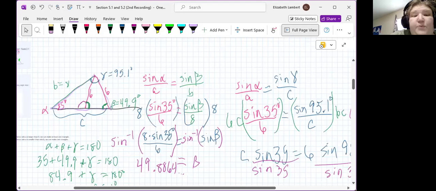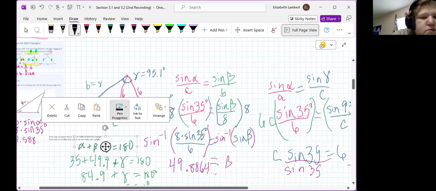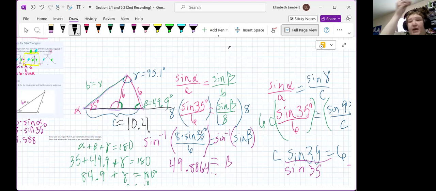So that is 10.4. All right, so if I take my 6 measure pipe and swing it towards the outside, I'd have to have a 10.4 measure pipe to connect the sides.